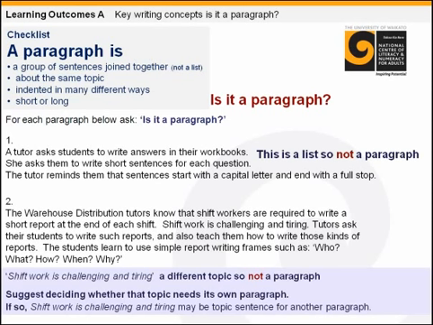So when you are asking your learners to refer back to the checklist, this is a key question. Is everything in your paragraph about the same topic? If there is something from another topic, for example shift work is challenging and tiring, it may be a really valid point.